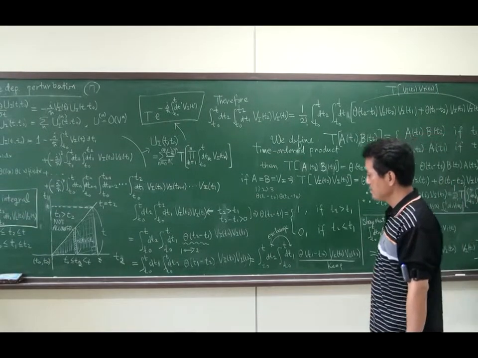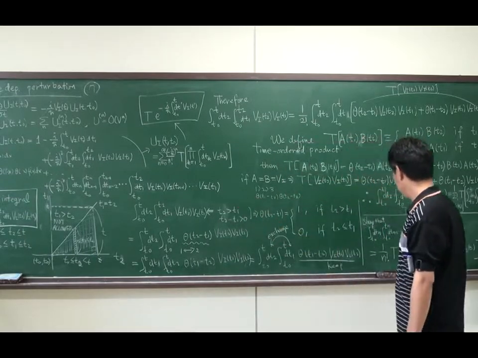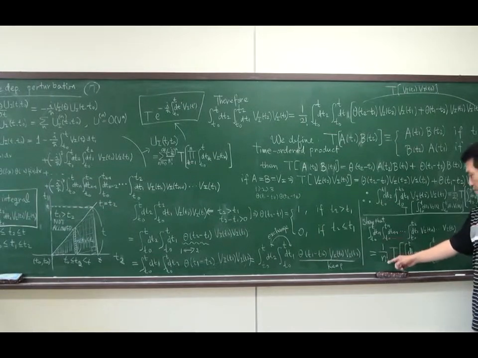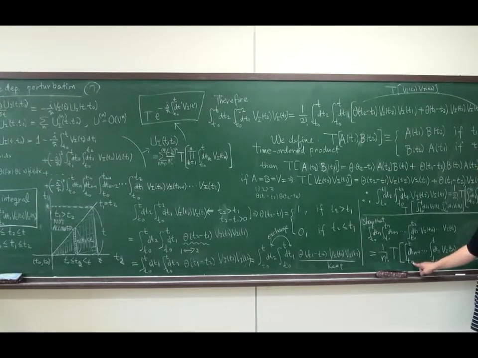As I already explained, this method can be generalized to find that the order n integral is 1/n factorial of the time-ordered product of this integral, running from t0 to the maximum value for all integral variables.